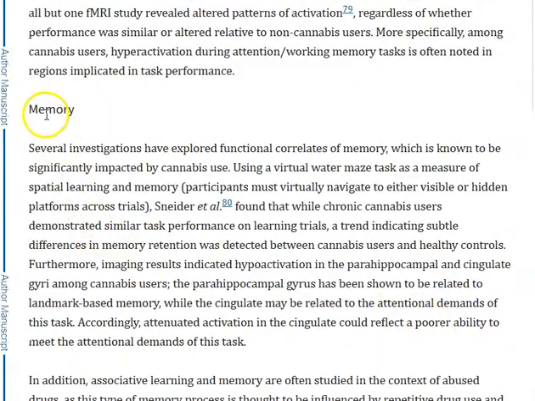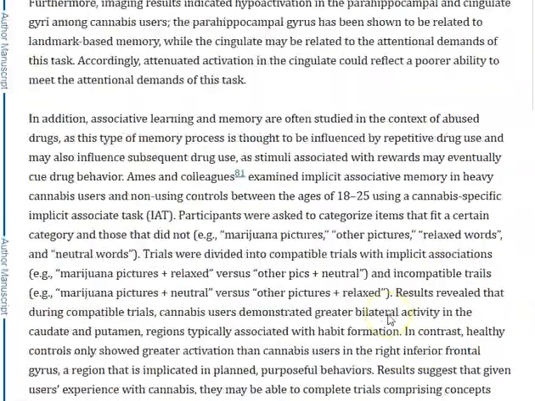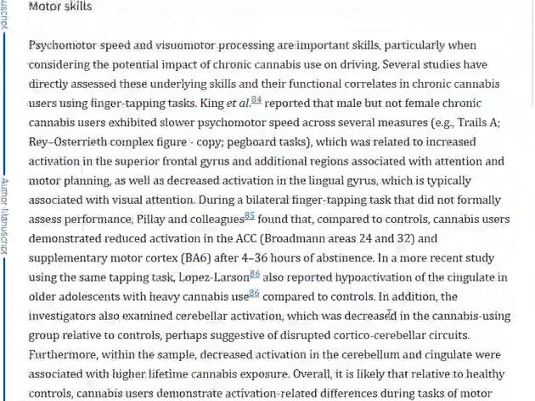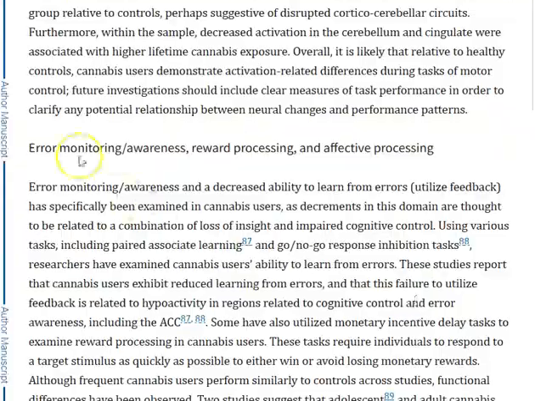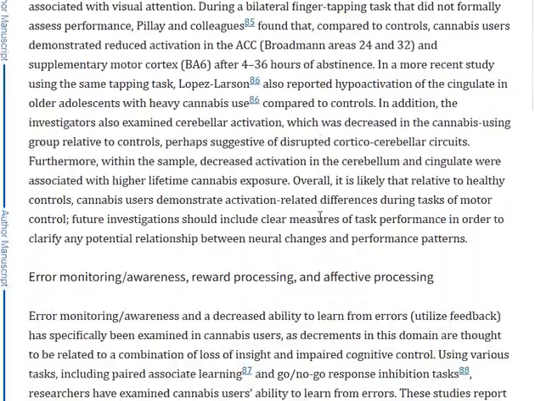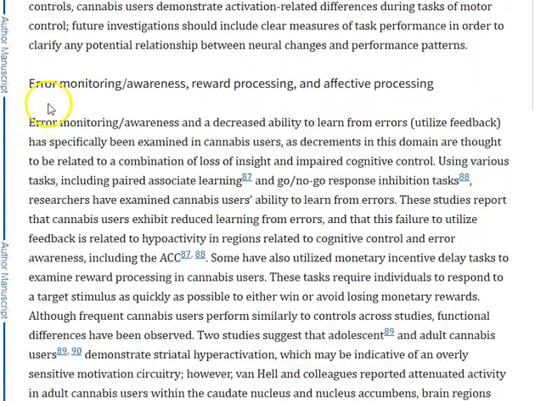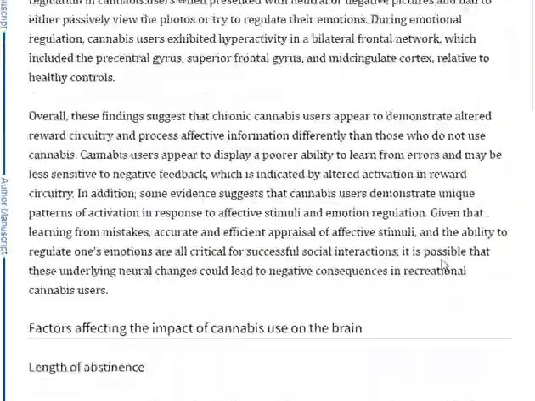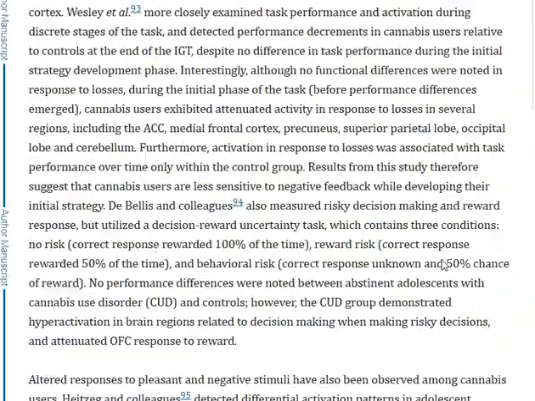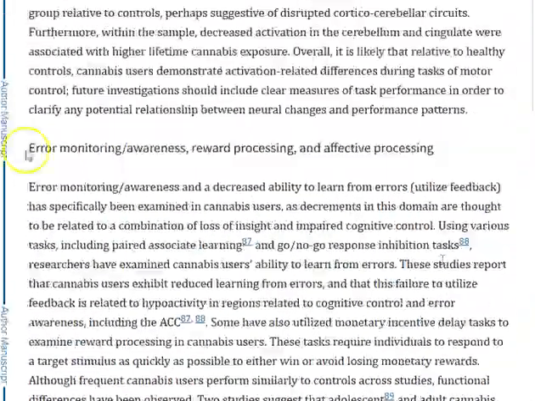Then overall memory, only a couple paragraphs, and then motor skills, only one paragraph. And then error monitoring, awareness, reward processing, and affective processing, which just means emotional processing. There's a few paragraphs on that one. So just those five sections.